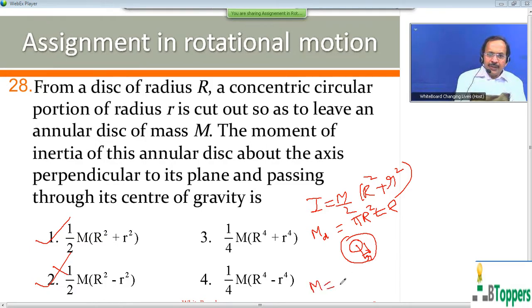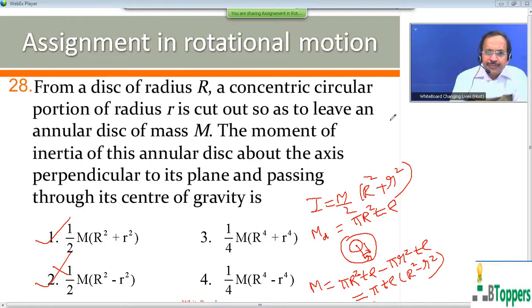So the mass of the given disk you can write as the mass of the disk of radius capital R minus the mass of the disk of radius small r which is removed. So you can take pi t rho common outside, capital R square minus small r square.